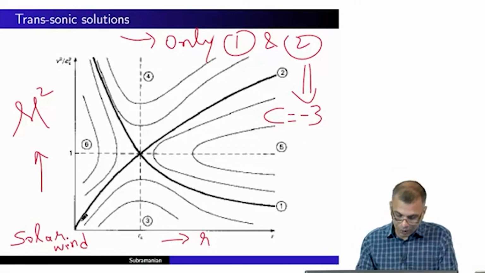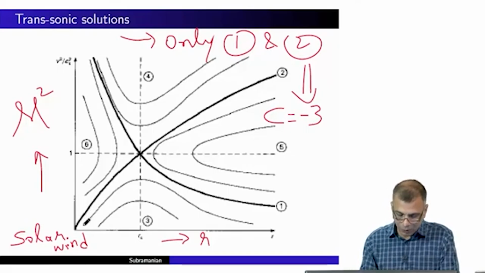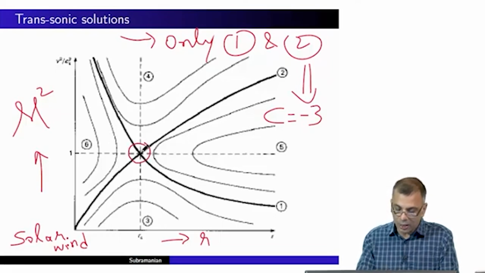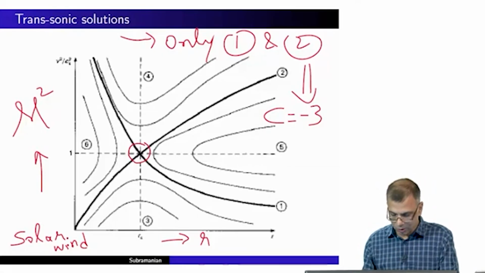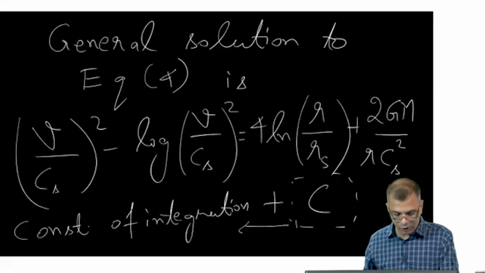That would be this solution, this branch 2. At small r the Mach number is less than 1, and as r increases it eventually reaches the sonic point, and as r increases even further, the Mach number increases and becomes larger than 1.